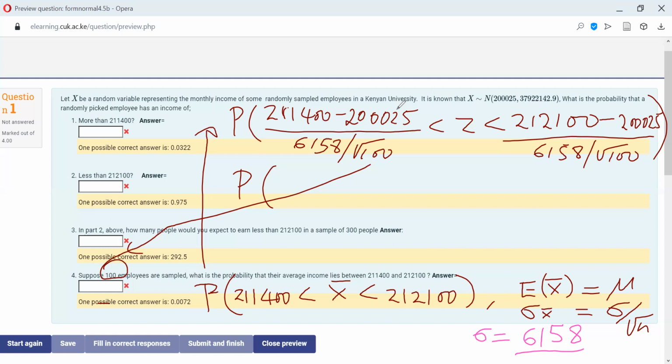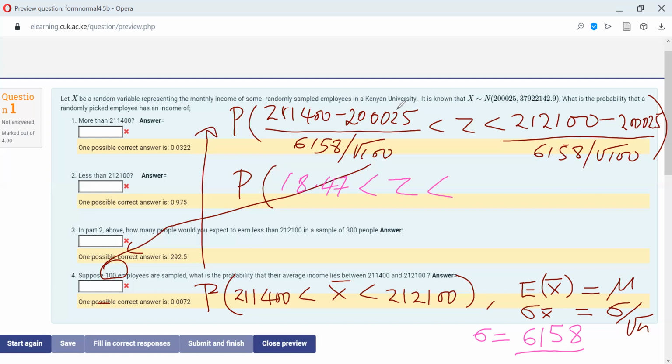So just a minute. So this is a very big number. 18.47. That is strange.